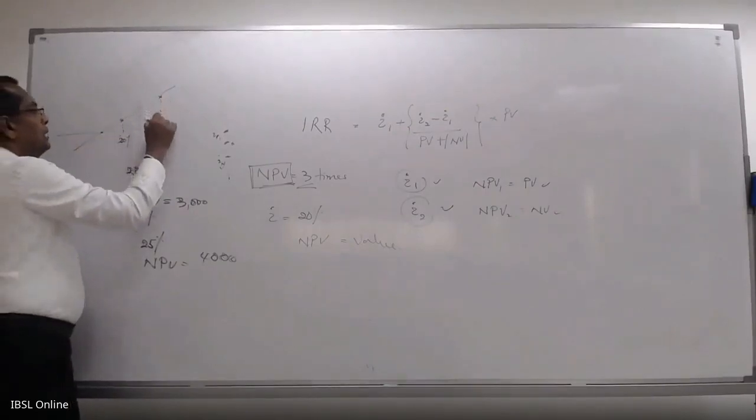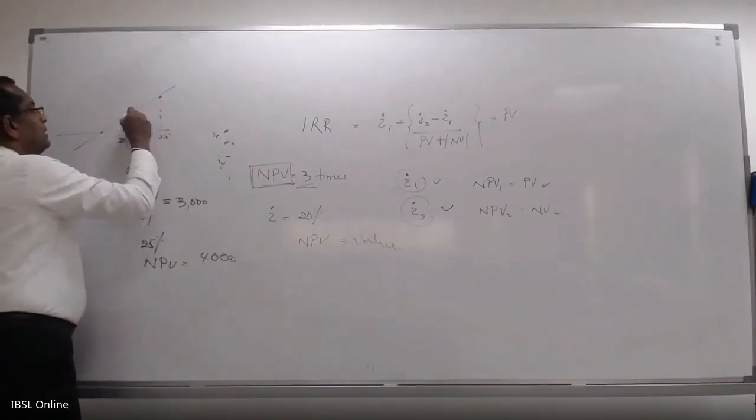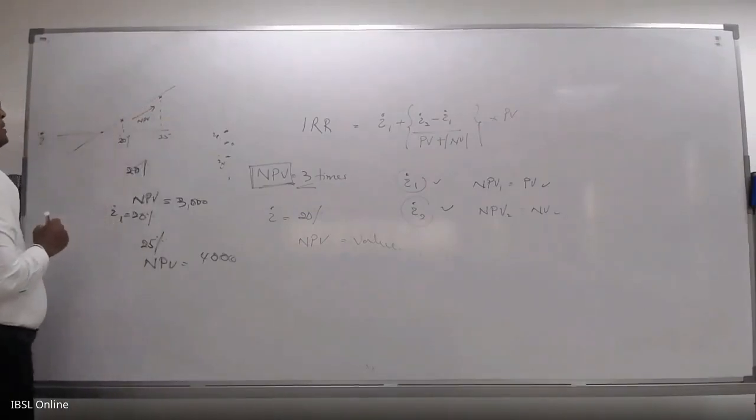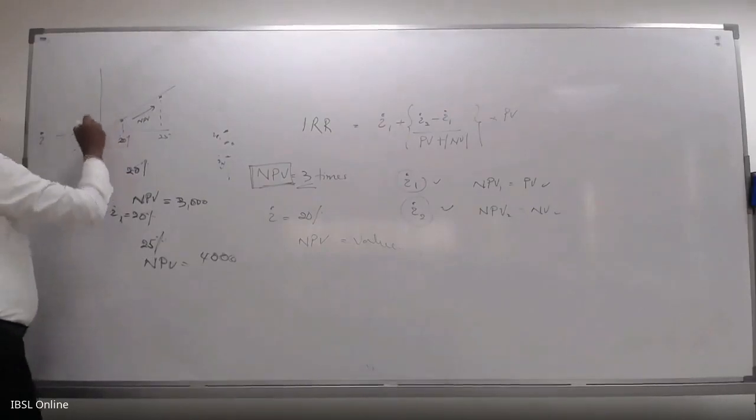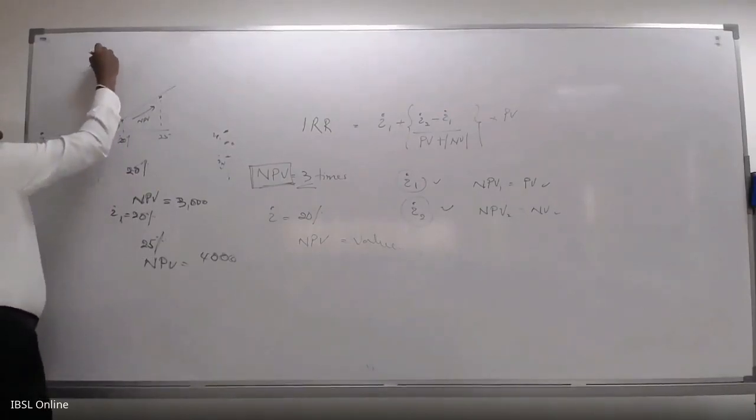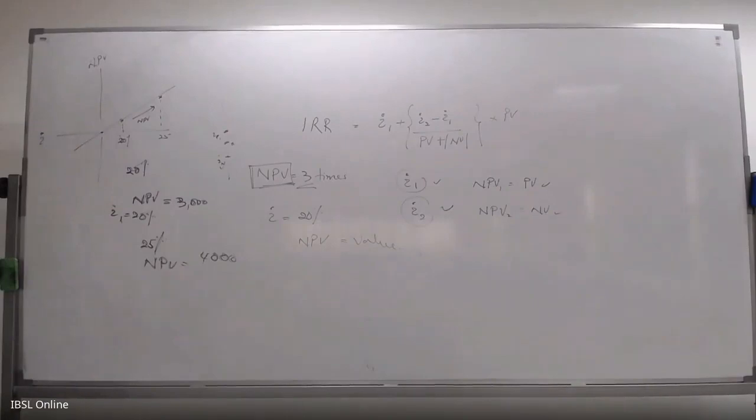When you did 25%, NPV has increased and grown. Right? You want to find out the interest rate somewhere here.